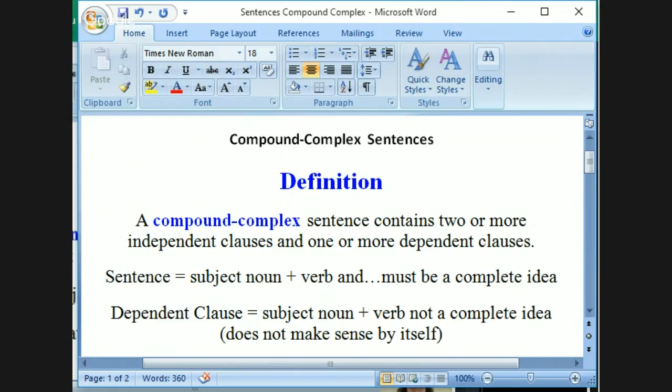That is a dependent clause, because in this case I'm using a conjunction to start the clause, but because of that conjunction, the meaning is not finished. It's not a complete idea. So there you go.